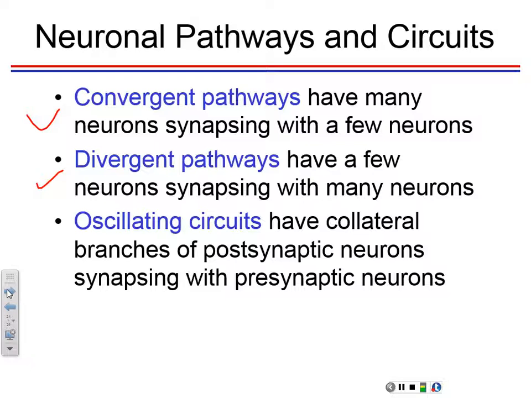And then oscillating circuits. Remember when we talked about the neurons, what did we say about the axon? We talked about those branches. Remember those branches at right angles to the axon? What did we call them? Does anybody remember what we called those branches? Well, the dendrites are on the cell body.